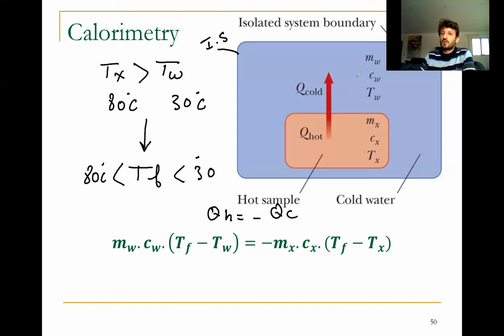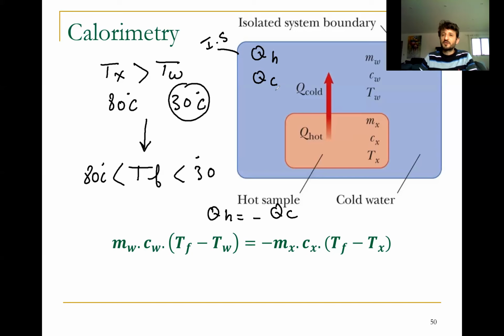The water will gain some quantity of energy because it's relatively cold, at 30 C. So the water has Q hot, the Q gained by the water. And the object will lose a quantity of heat, so Q cold is the quantity of heat lost by the object.